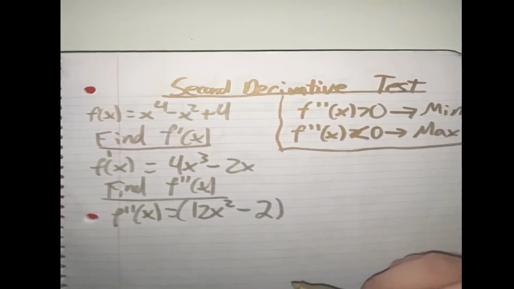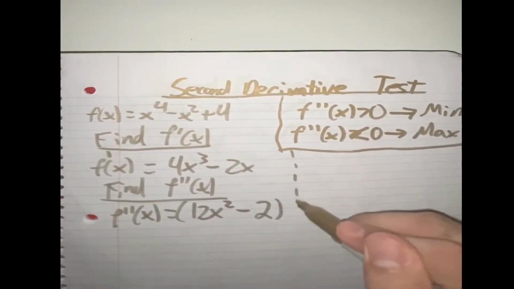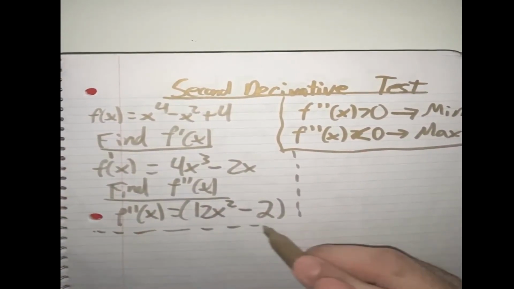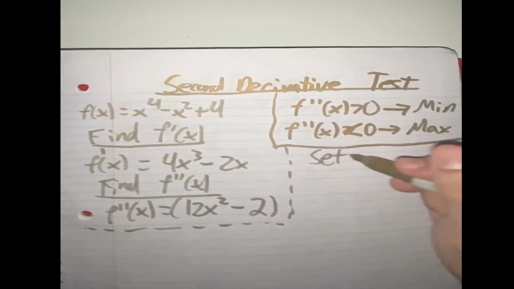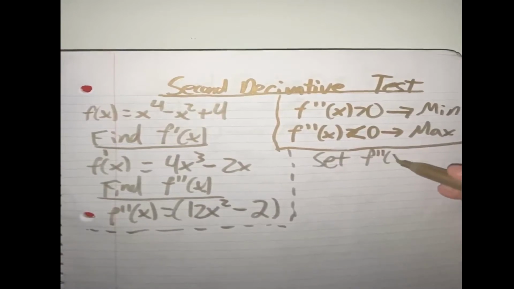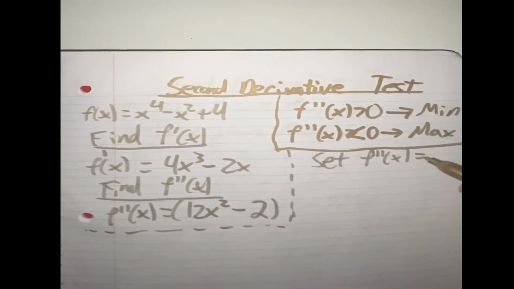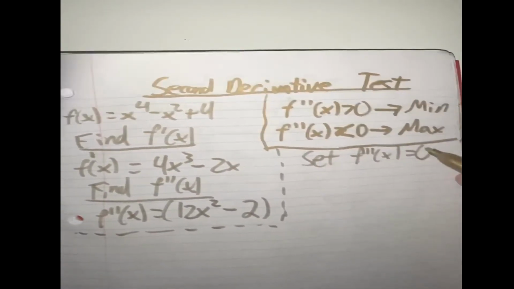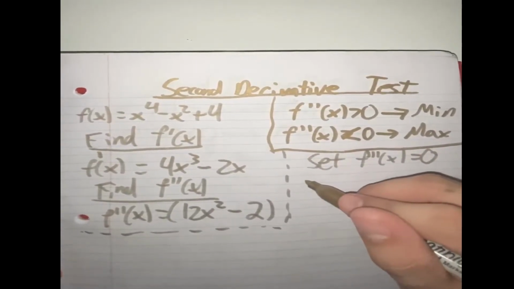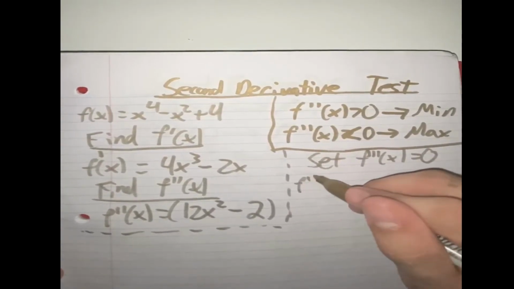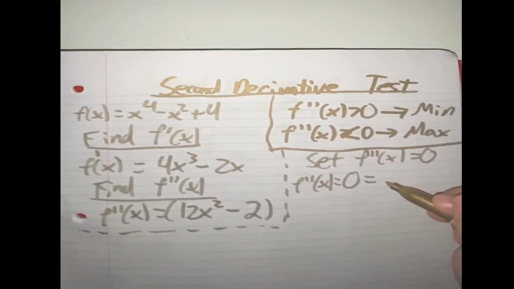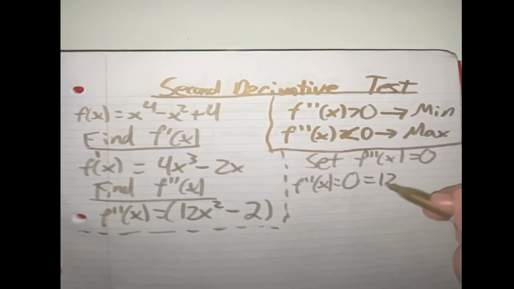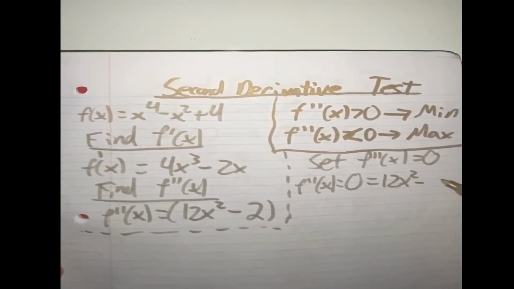And once we have the second derivative, the key step is to set f double prime of x equal to 0. So 0 is equal to 12x squared minus 2.